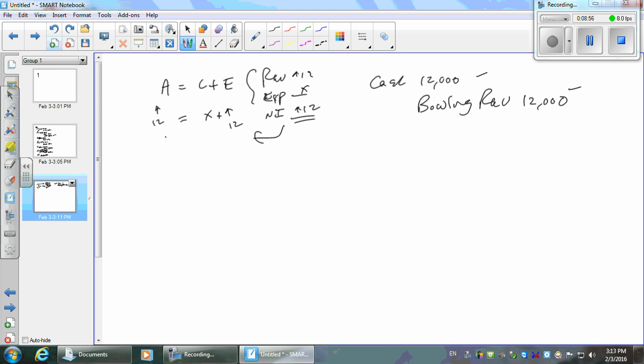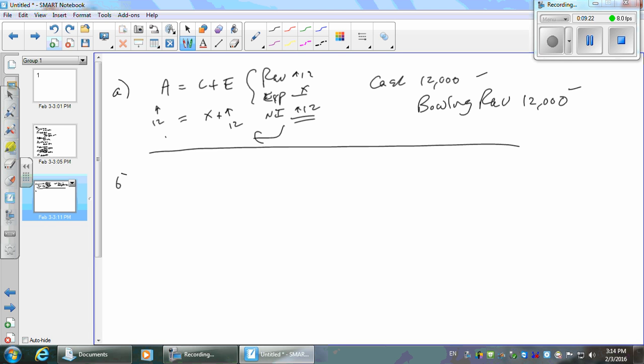So I'd say increase assets 12, no effect on liabilities, increase equity 12, increase revenue 12, no effect on expenses, increase net income 12. Easy? Get to know it really well. There's not much pressure when you're doing it on a test either. You get there. That's A.